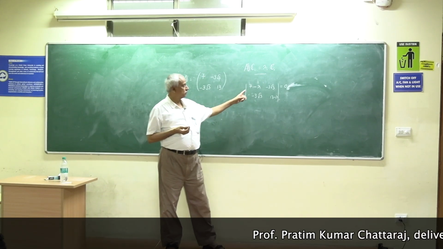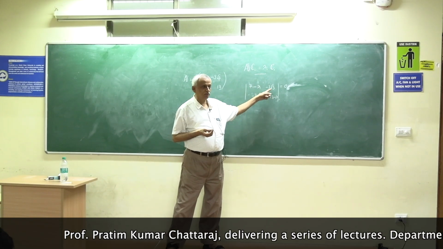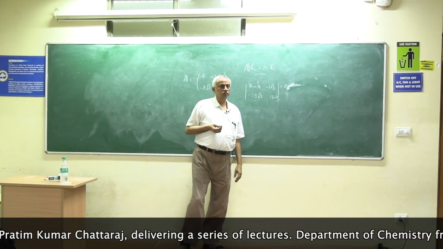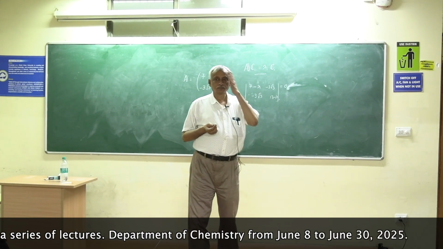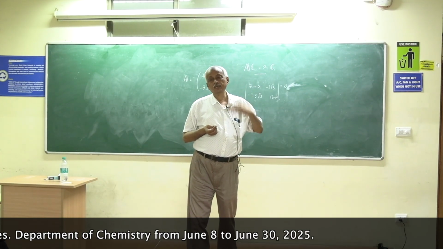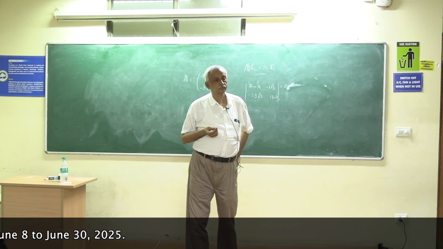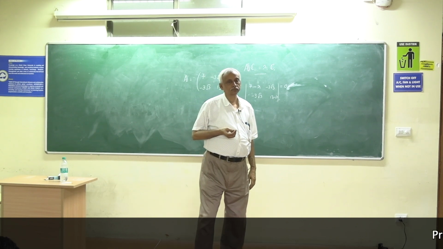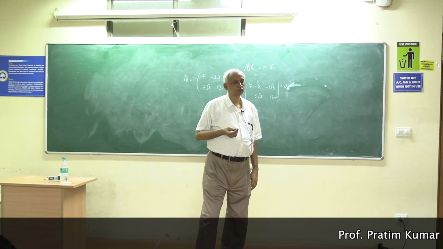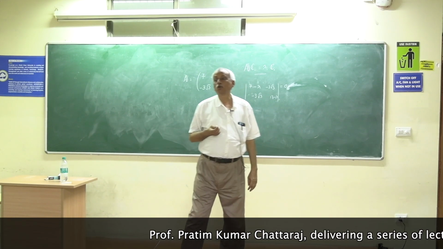How to get this determinant? This into this minus this into this. So you get a quadratic equation. What is the quadratic equation you are getting?